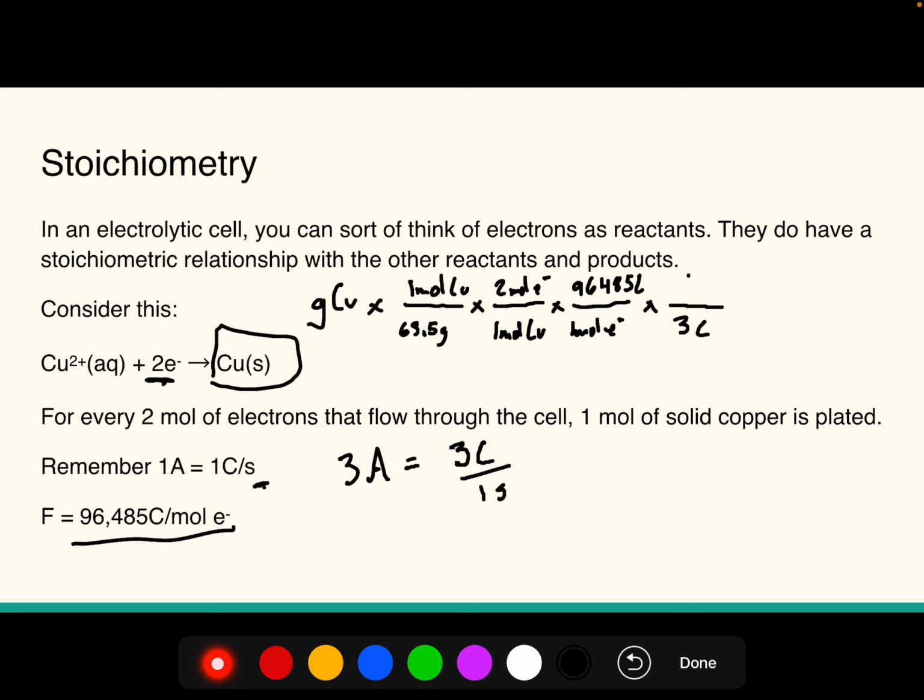Now you can leave it in seconds, or you could take it to minutes. However much copper you want to plate out, let's say we want 100 grams of copper, that will tell me how long it would take with 3 amps of current to plate out 100 grams of copper. So it's a pretty nifty thing.